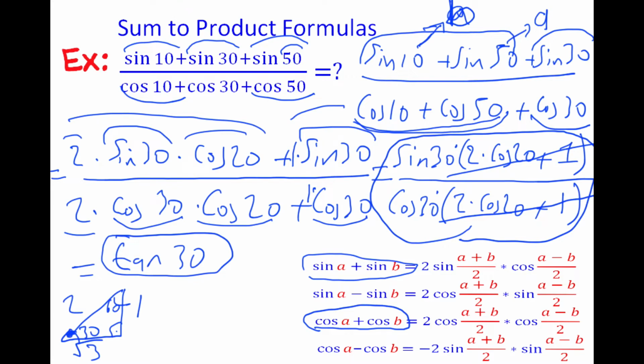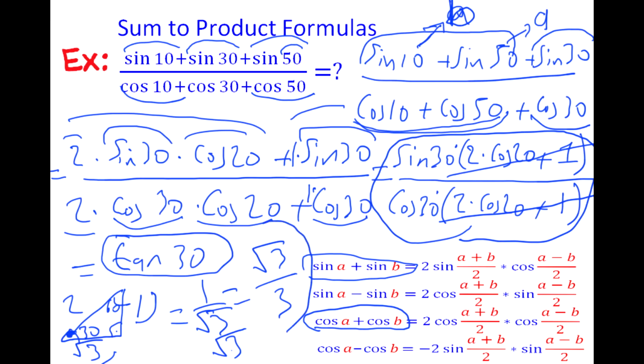So tangent 30 is opposite divided by adjacent, which is 1 divided by square root of 3, right? 1 divided by square root of 3. And if you extend the fraction by square root of 3 also, then we're going to have square root of 3 divided by 3, guys. So in this question, the answer is square root of 3 divided by 3, guys.